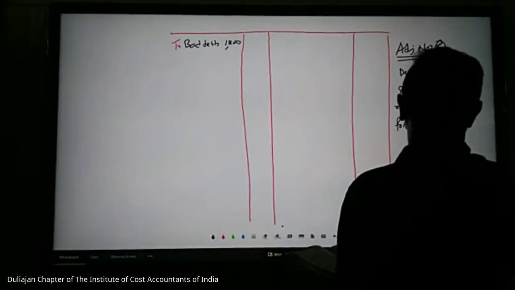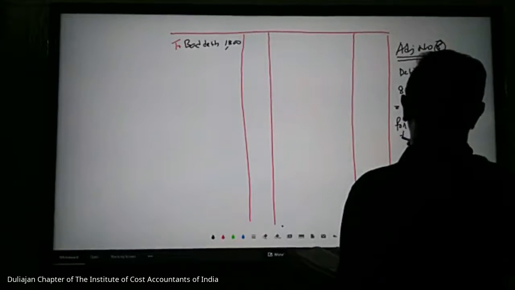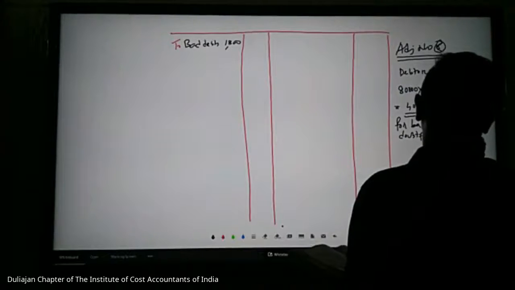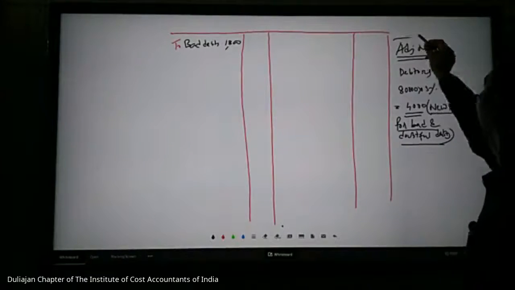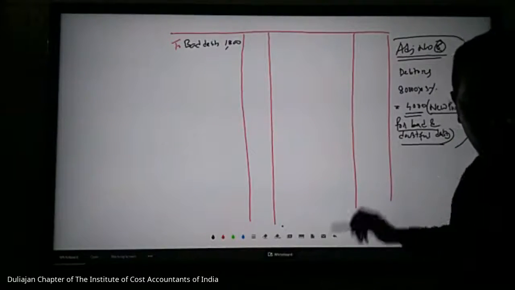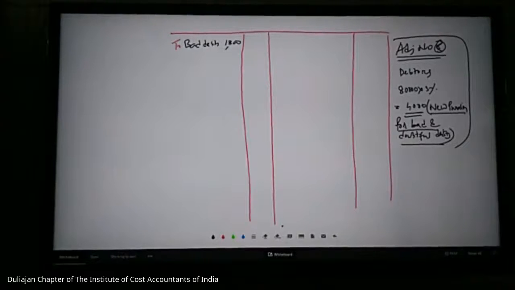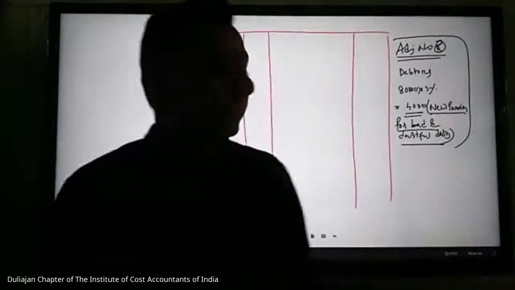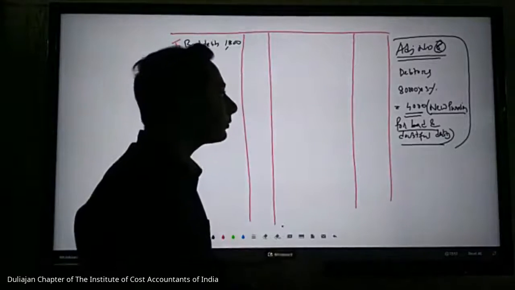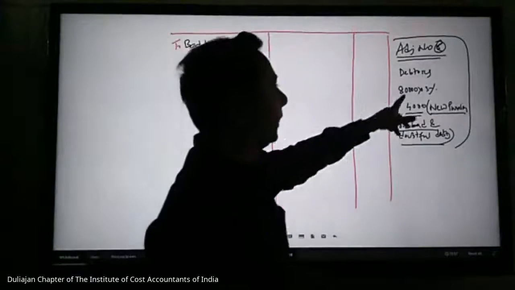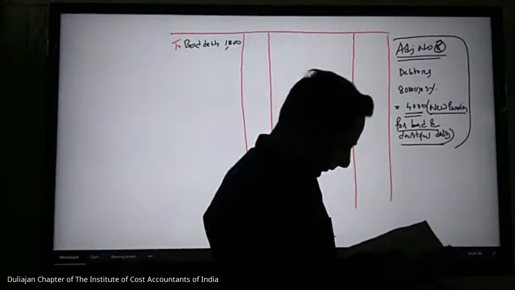New provision for bad and doubtful debt. You can write this point. Adjustment number 5.